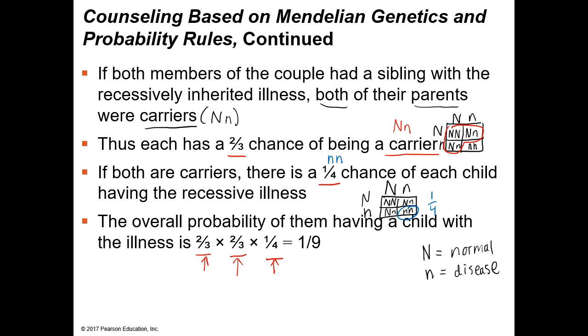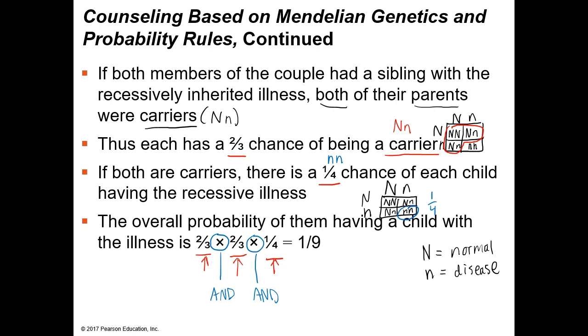So another way you can look at it is for each multiplication sign, those represent the word and. What's the probability of this and this and this? What's the probability of being a carrier for the female and the carrier for the male and getting an affected child?